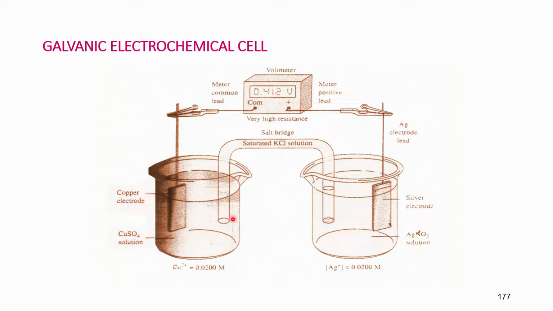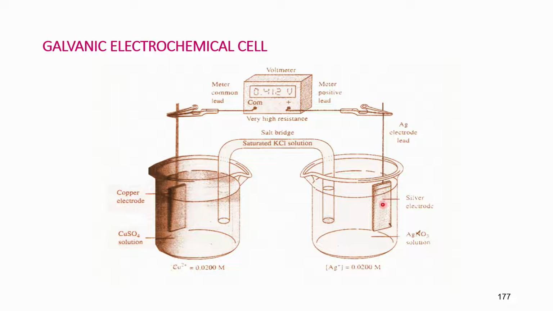That is the beauty. And it is connected from outside by two wires. Here it is a copper electrode, here it is copper sulphate solution of 0.0200 molar. Here it is silver solution also of 0.2 molar.